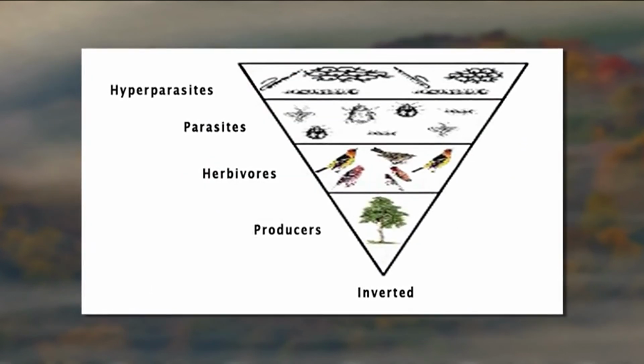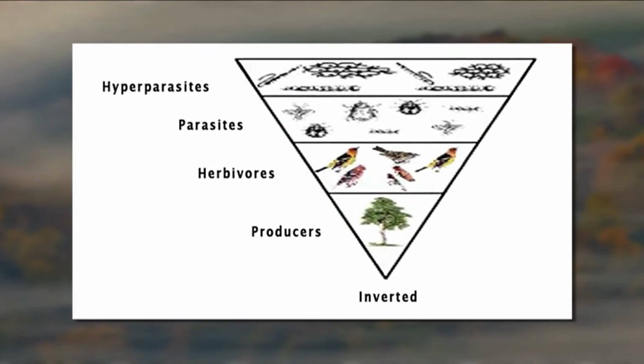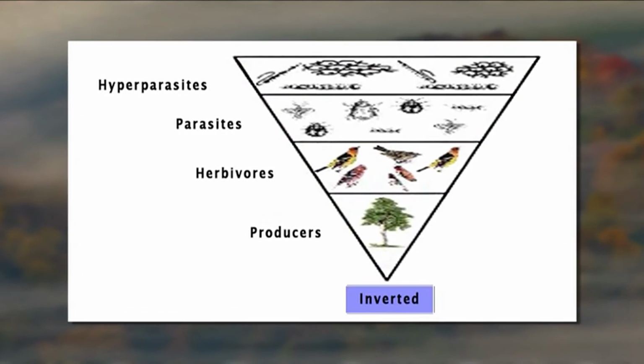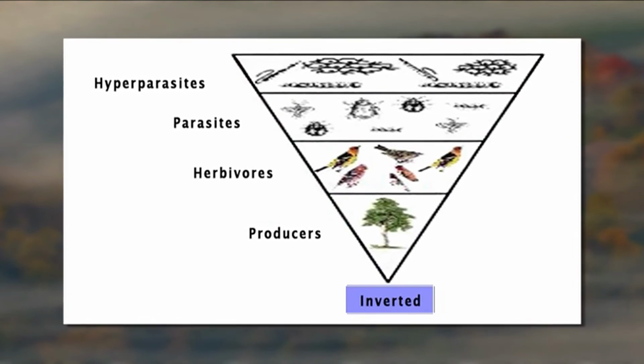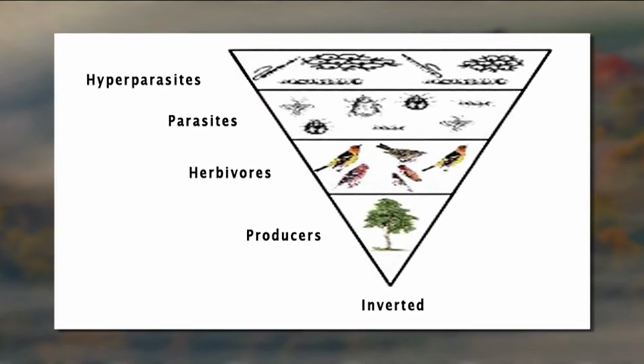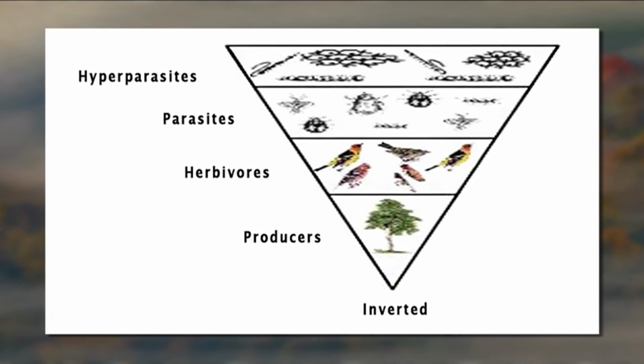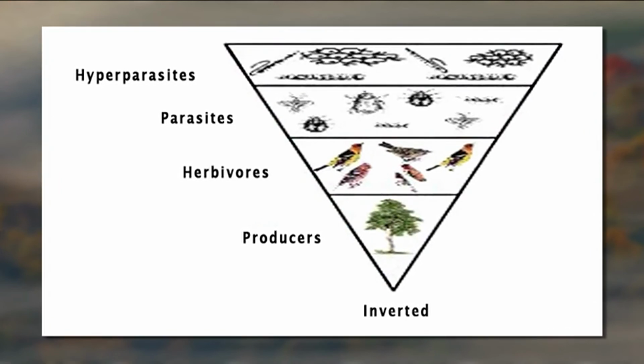In case of a parasitic food chain where a single tree is taken as producer, the pyramid of number is inverted, as a single plant acting as producer supports a large population of parasites, which in turn support large numbers of hyperparasites.